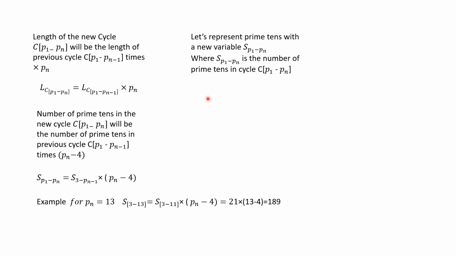If we represent the number of empty boxes of cyclic prime tens, as I call it, we will have the variable s. So s from P1 through Pm represents the number of empty boxes for the cycle of P1 through Pm.